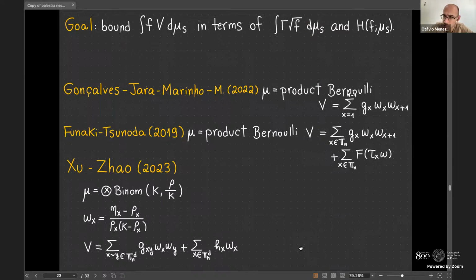Here are some other examples of works that have used the inequality in one way or another. In almost all cases, you are dealing with product measures. You have this recent work, which was the first one to allow for more than one particle per site, which was something I was very interested in doing. Then you always have those very explicit things. If you want to estimate things, you need to be explicit.